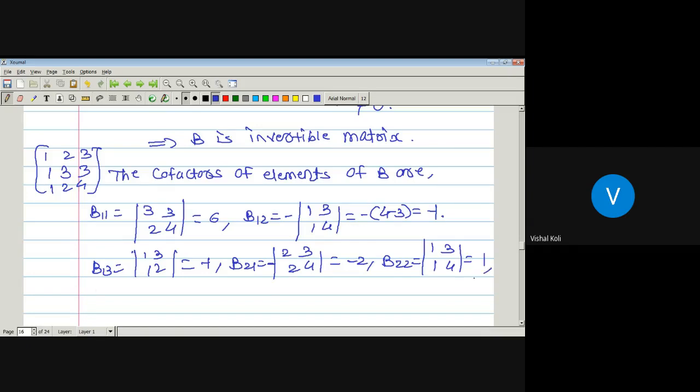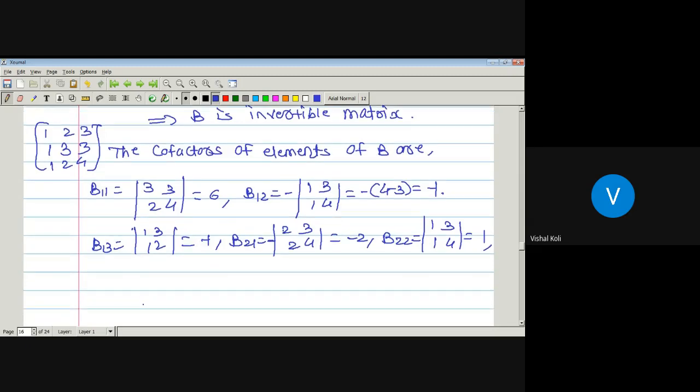Next, B23 means it is minus 1 to the power 5 into minor 1, 2, 1, 2, which is 2 minus 2, which is 0.